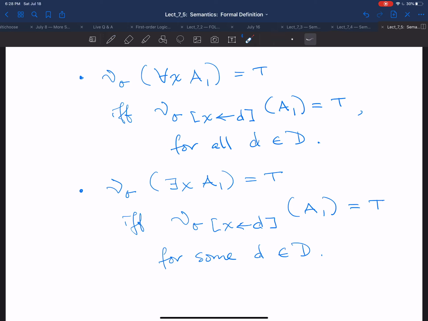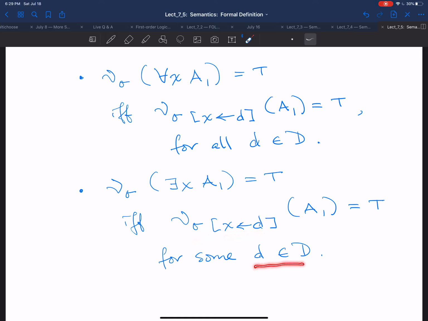So in other words, the existential quantifier, there exists x A1, has the truth value true if there exists some element little d of the domain, such that when we stipulate that x be assigned to that domain element little d, but all of the other variables are left alone, they're assigned to the values that the original assignment sigma assigns them to.